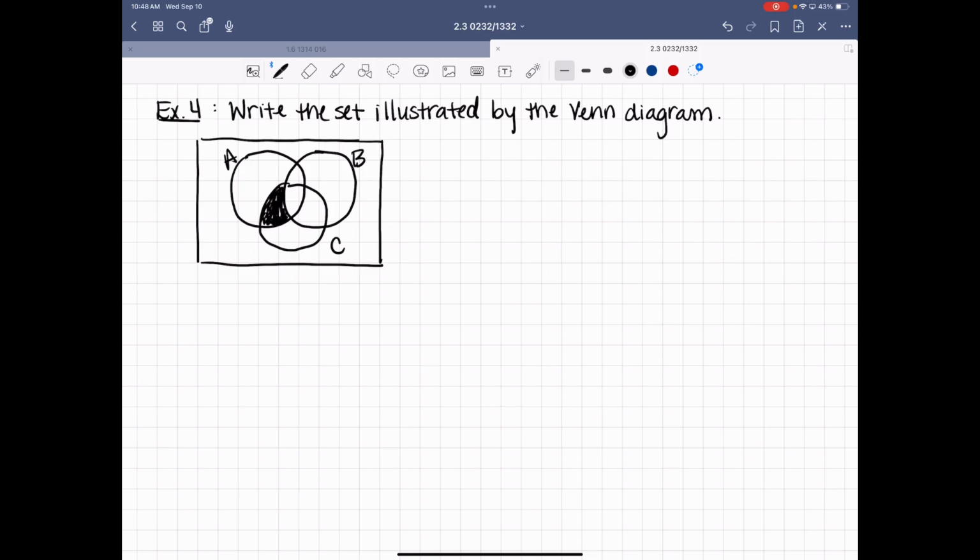Okay, so what did it look like this was to start with? A and C. What of A and C? The intersection. Good. So start off with that. A intersection C. So if I had A intersection C, it would be the whole blue chunk right there, right?